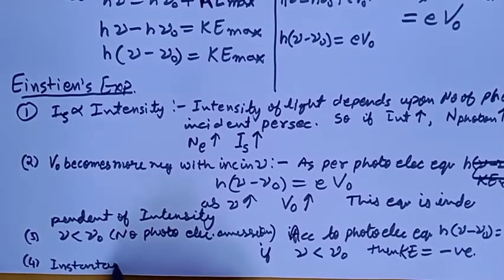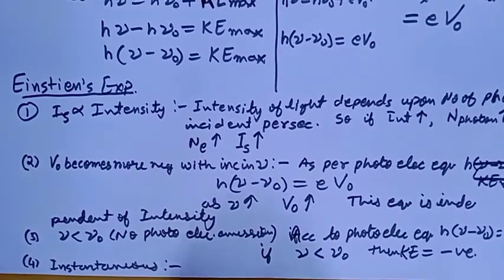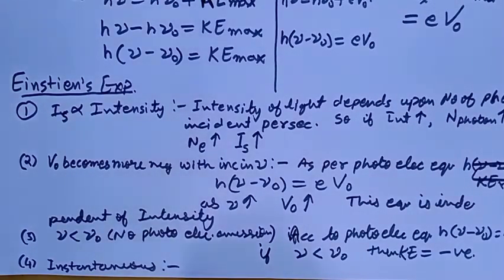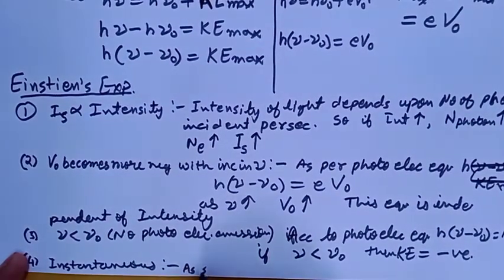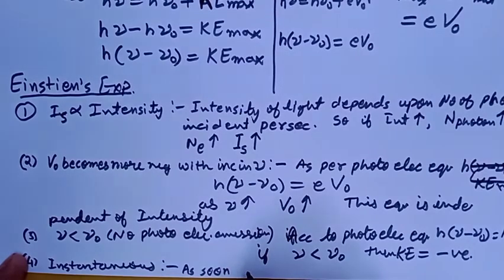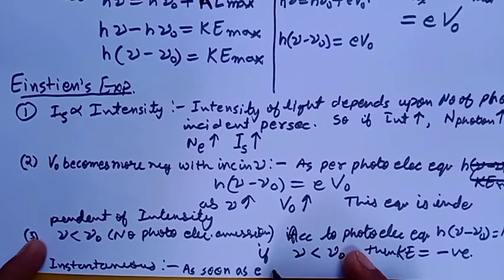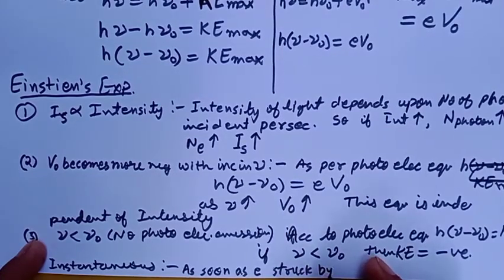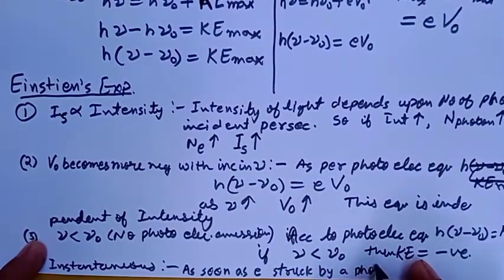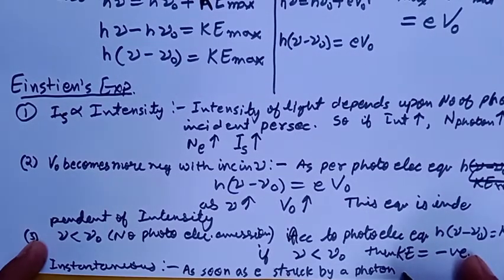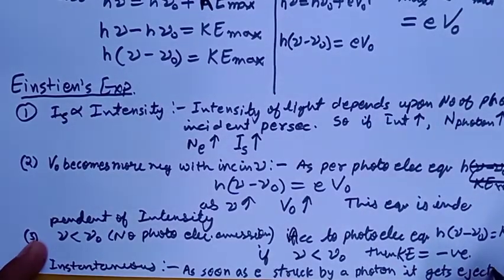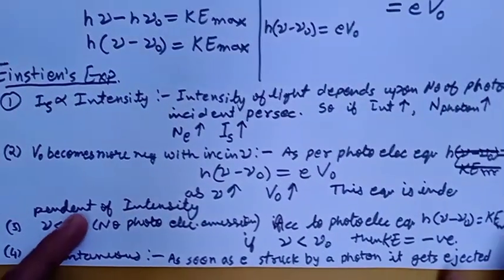It was also explained like this: as soon as an electron is struck by a photon, it gets ejected without a time lag.